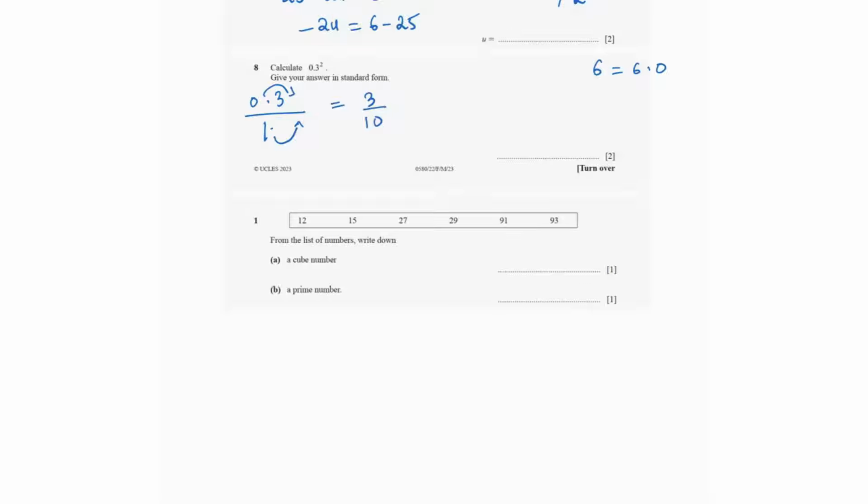So this is 0.3 whole square. So 3 out of 10 whole square means that it's 3 out of 10 times 3 out of 10. 3 times 3 is 9, 10 times 10 is 100. So it says give your answer in standard form. So now we rewrite this as a decimal again, but now we move the decimal 2 places to the left.